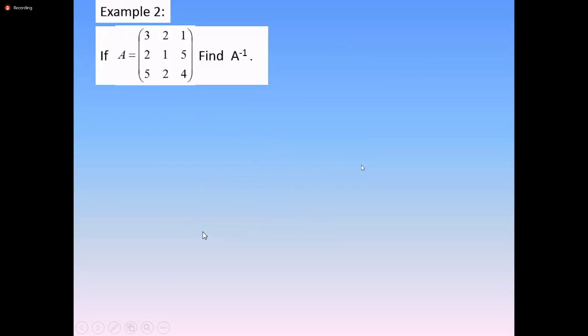Then if you want to calculate the inverse of a 3 by 3 matrix, first calculate the adjoint matrix. So I will find the adjoint matrix this way. Write the cofactor matrix here.